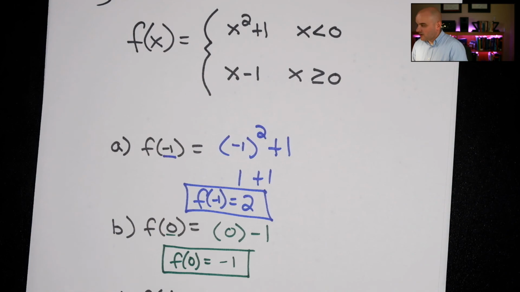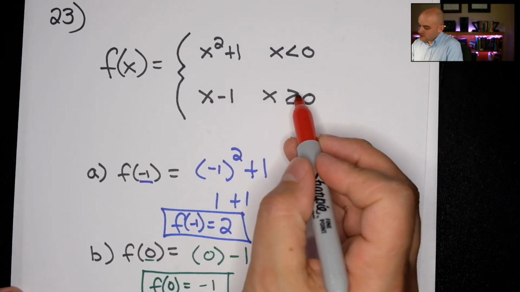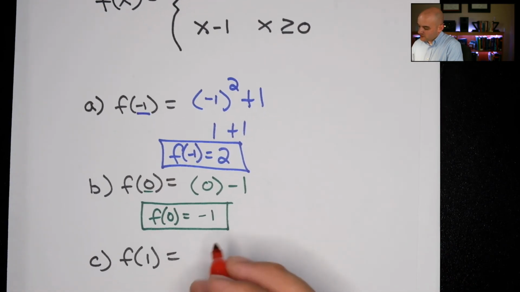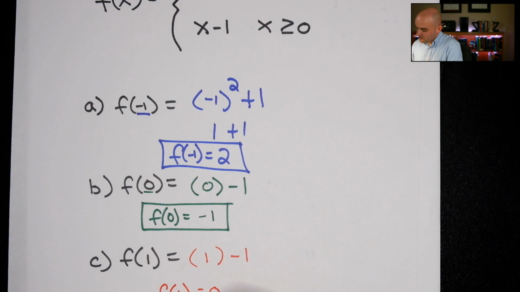All right, one more here, and that is the f of 1. So looking up top, anything bigger than 0, I'm going to use the bottom function. So I'm going to use something minus 1. And in that something, I'm going to put 1. So 1 minus 1 is 0. And so the f of 1 equals 0.